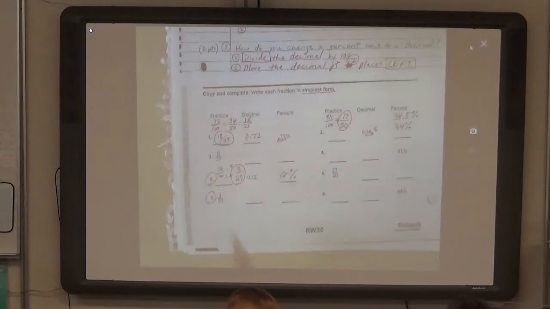How about 3/10? Do you know that one? What's that as a decimal? Sinji? 3/10. How would you write that as a decimal? Where's the tenths place? Do you remember writing that down?